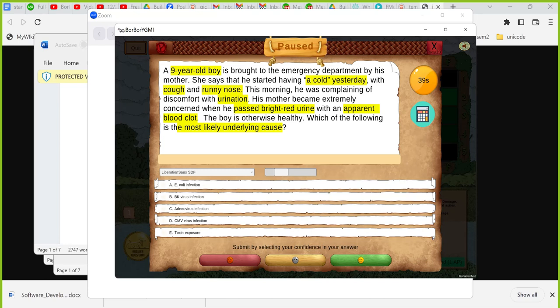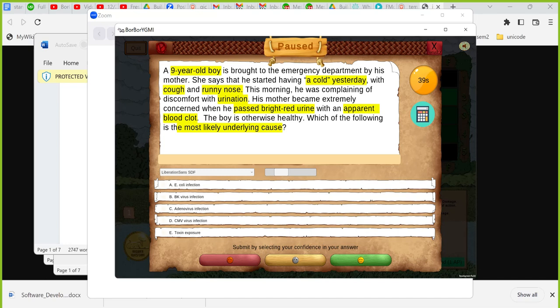JC virus really is the one that I know you can get bright red urine from, but it's really a transplant-associated virus. Just like cytomegalovirus, that's also for immunocompromised. That's why you irradiate blood to get rid of CMV. So you can get CMV otherwise, but usually you're immunocompromised if you get it.